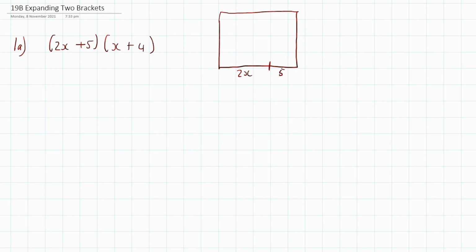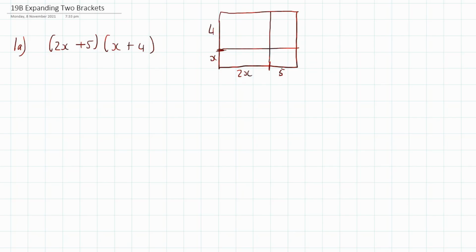And here, let's say we've got x, and here we've got 4. Obviously this is not to scale, as you can see, and we can divide the diagram into 4 different pieces, and we can work out the area of each piece.